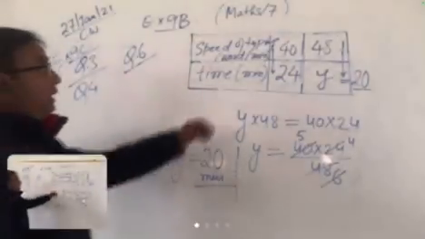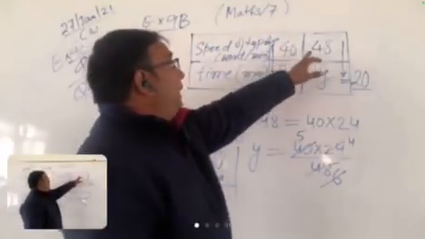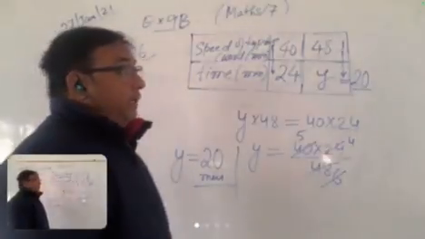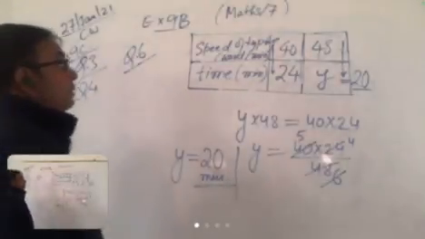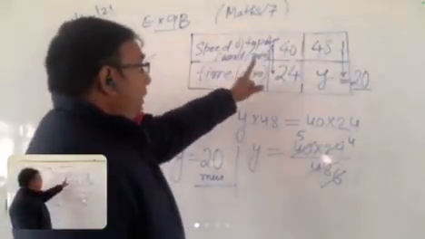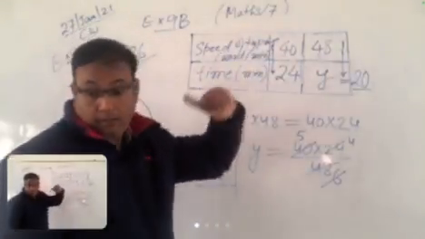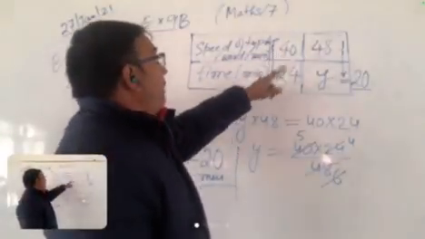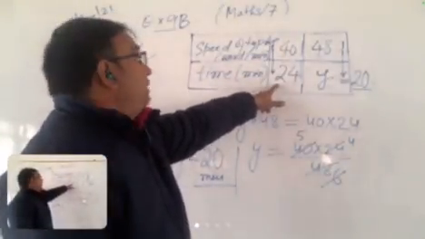If one object increases, meaning if we increase the speed, then the time decreases. So her speed is 40 words per minute. The typing speed of Rita is 40 per minute, then she takes 24 minutes to finish a specific work.